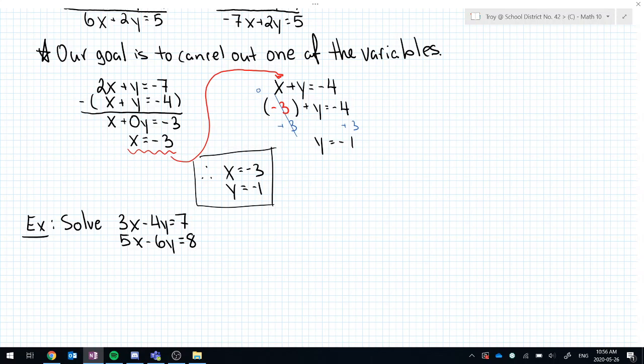So we're kind of stuck. So what we have to do now is multiply these equations by some number so that we do end up getting one common coefficient for the same variable in this system.